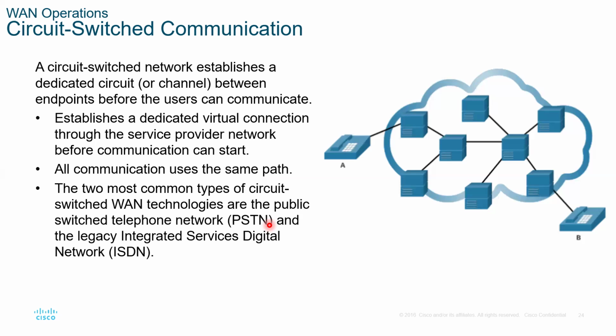Of course, it's being improved, removing copper wires, probably replacing with fiber. But the PSTN is what was there before everything else. Then the ISDN is sort of an improved PSTN. I think we have separate slides for PSTN and ISDN.